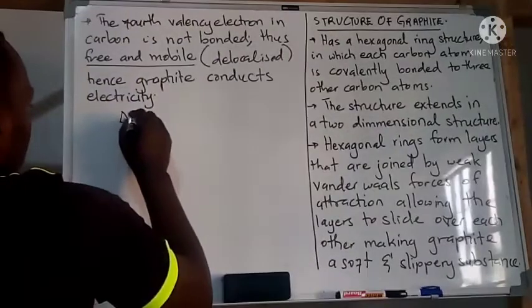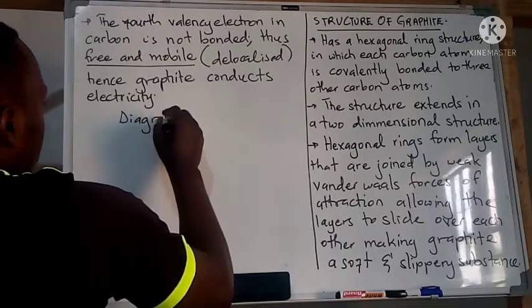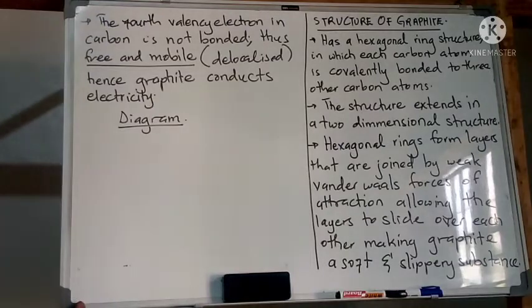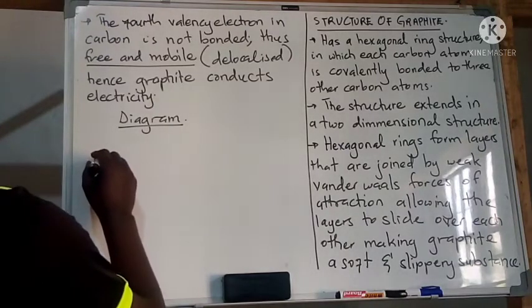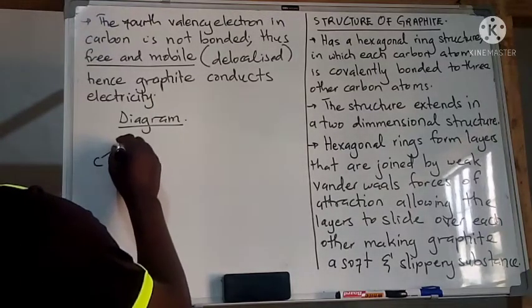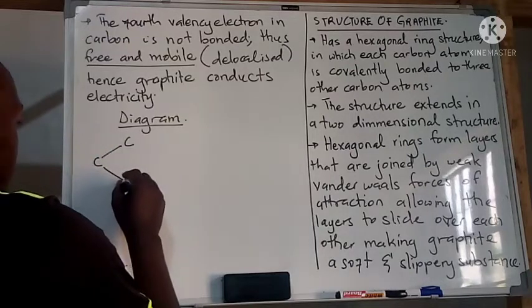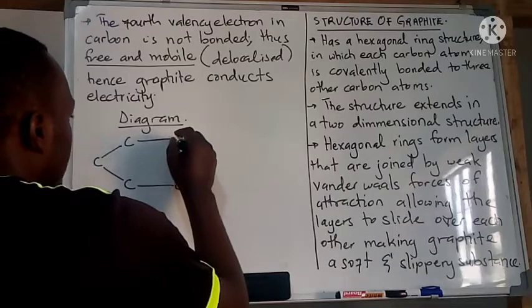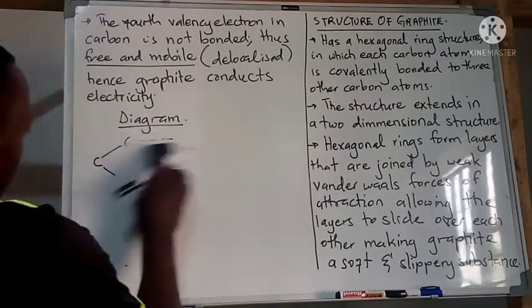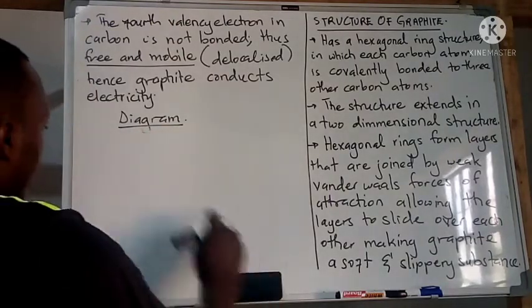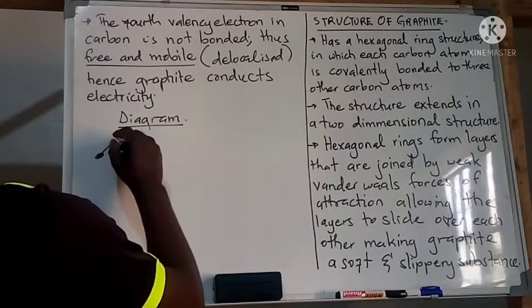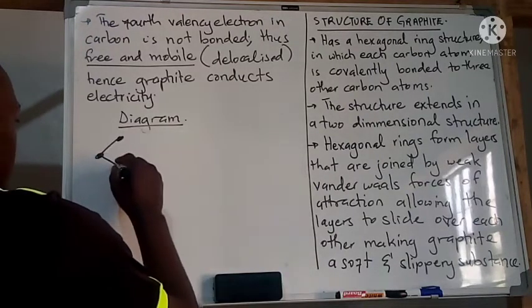When we try to represent this on a drawing or a diagram, take it to be carbon forming hexagonal rings with other carbon atoms. To pull out the structure very well, I would like to represent my carbon with a dot. So where you see a dot is a carbon atom.